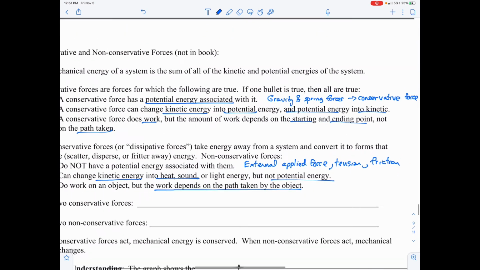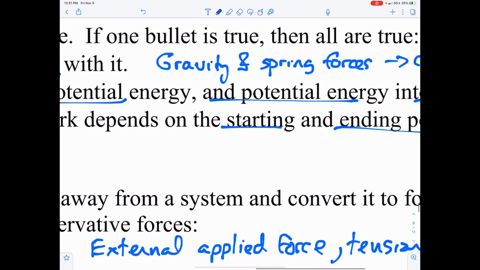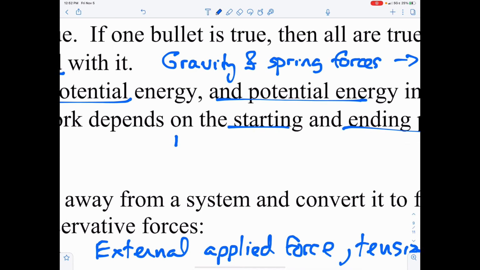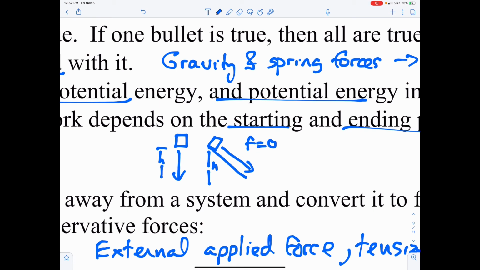I'm going to show it to you in terms of a conservative force. So let's talk about you drop a block straight down, height h. That's the first scenario. Then the second scenario is that the block drops from the same h, but slides down a frictionless hill.